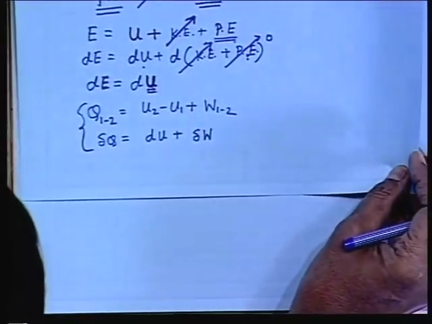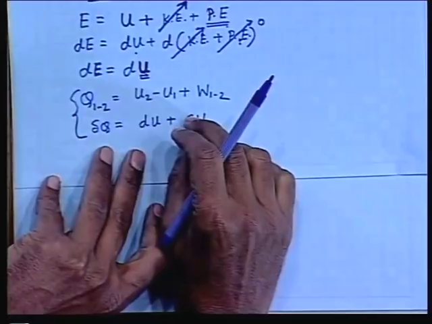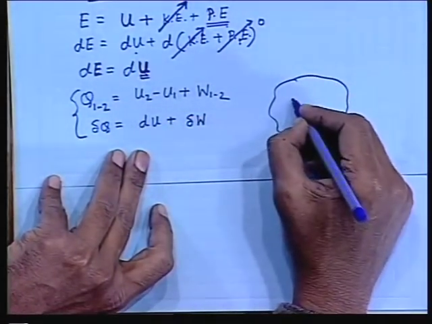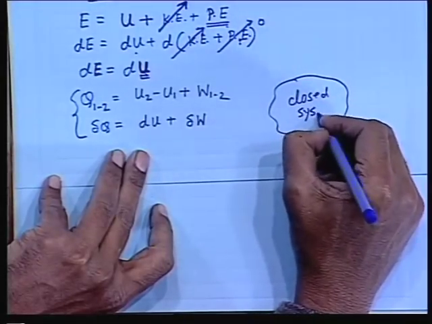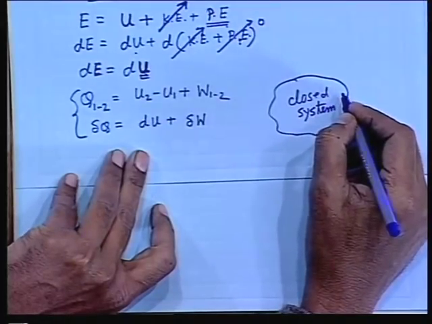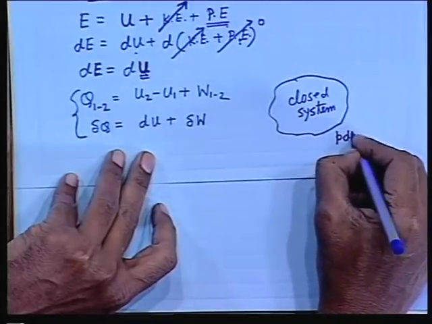Now if we go a little ahead, we put a little more constraint. Now if we consider a closed system which performs only reversible displacement work, which we discussed earlier, that is quasi-static displacement work, which is nothing but PdV work. We have recognized this earlier.